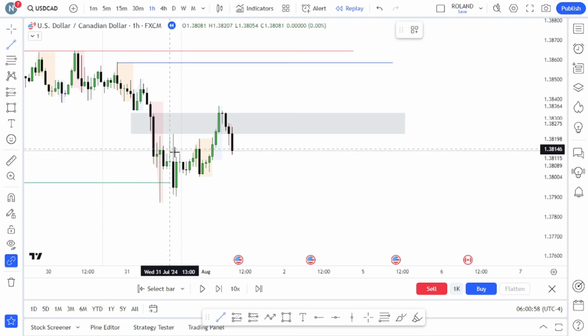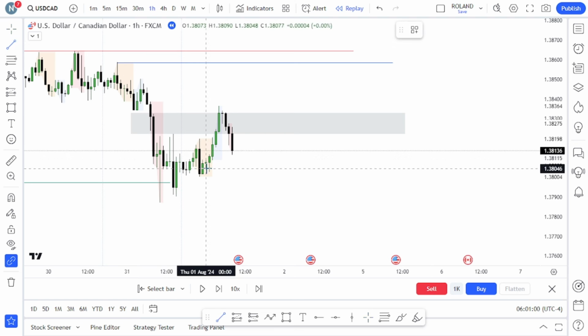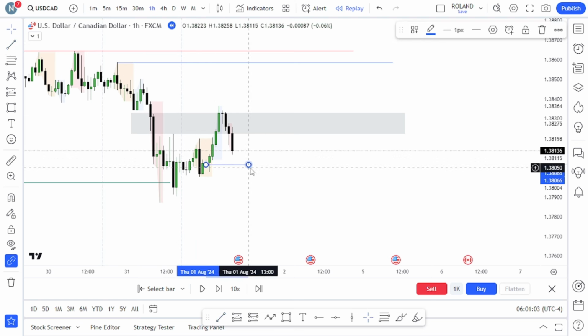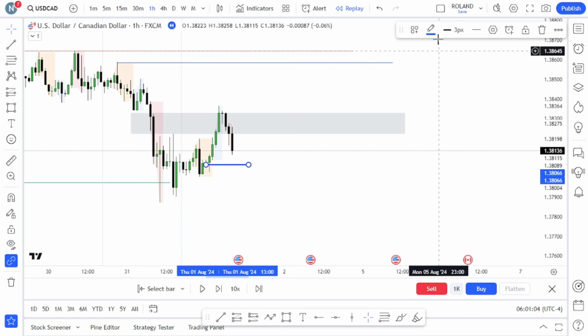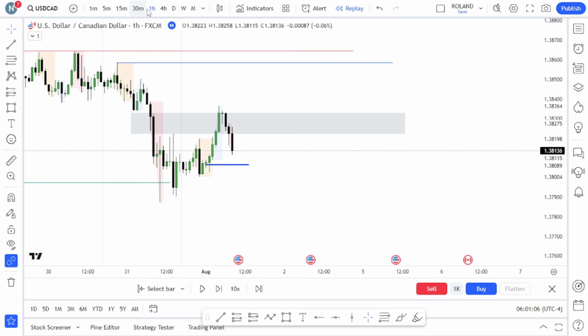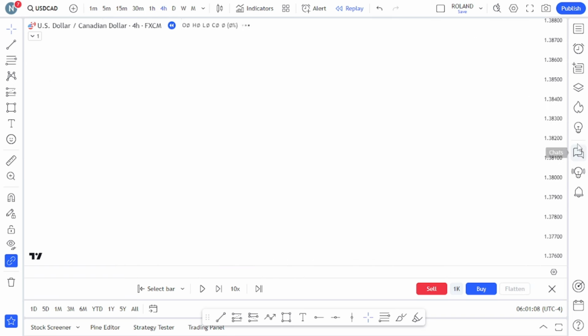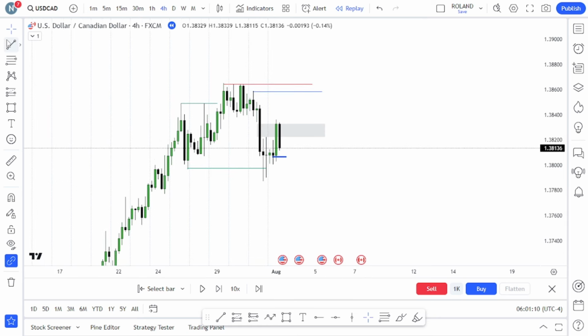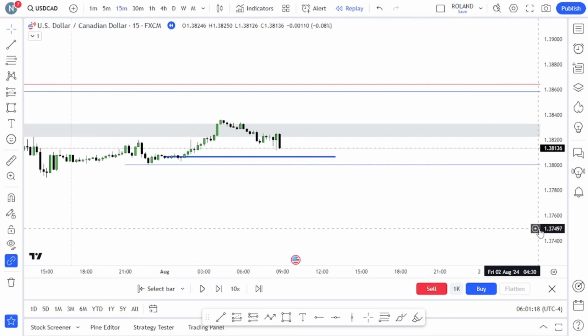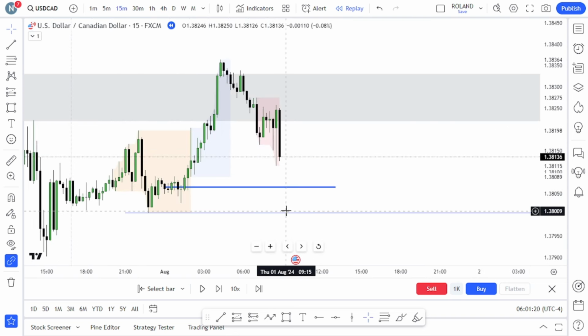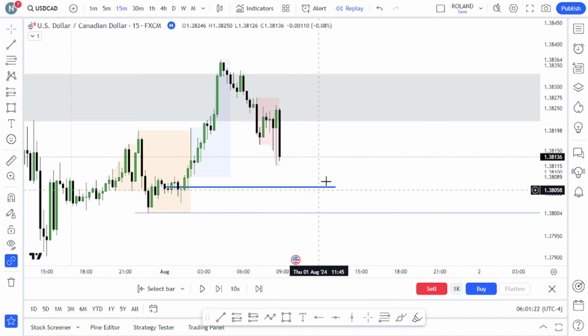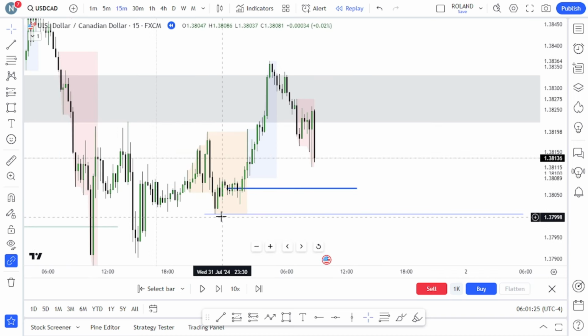So we'll first of all find our midnight. Where's our midnight? Our midnight is here. That's our midnight, so we'll make this blue. Right now, as you can see, we have this low here, and what happens at the end of the day is that this low is an Asian low.